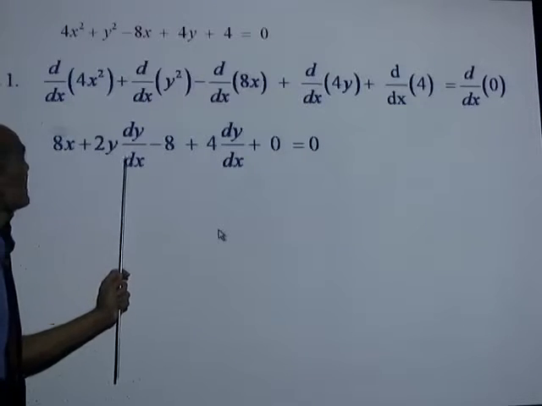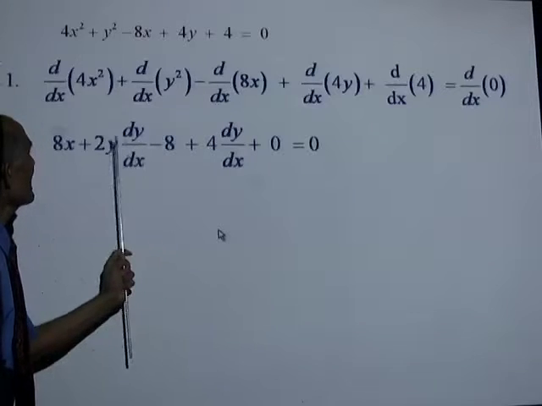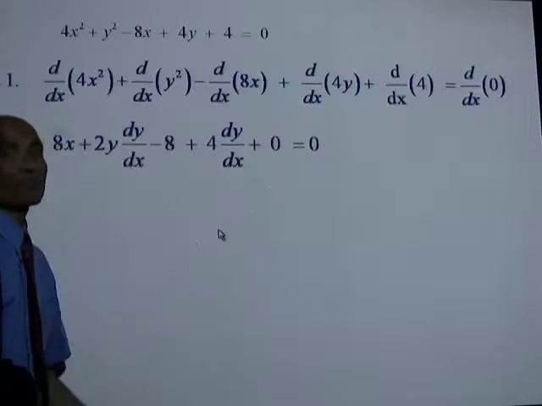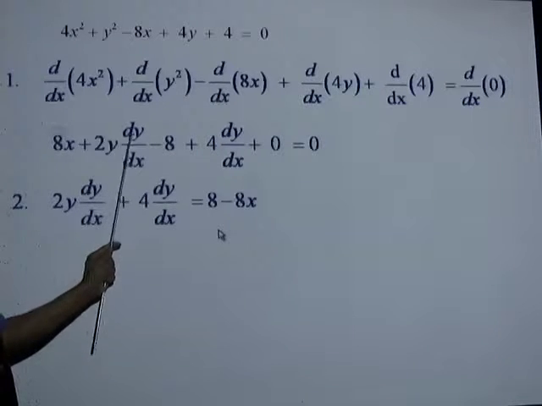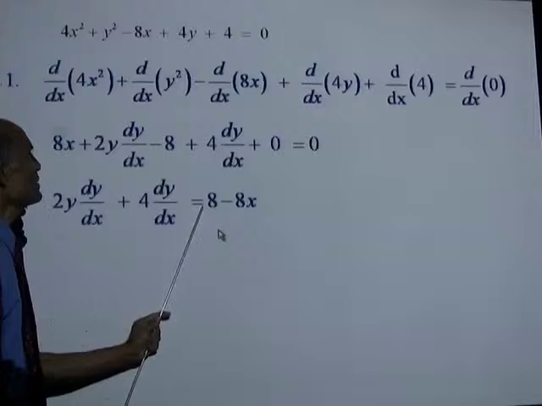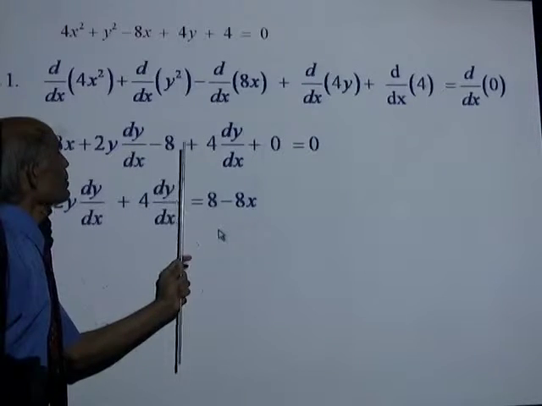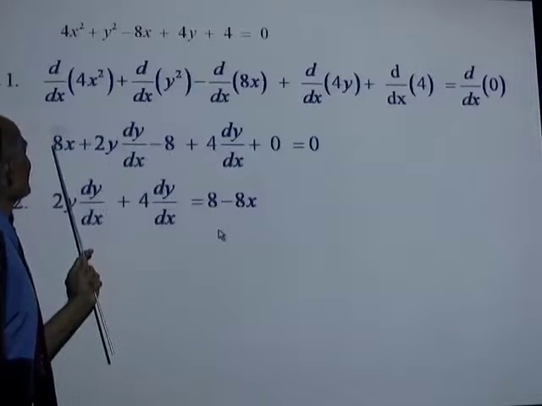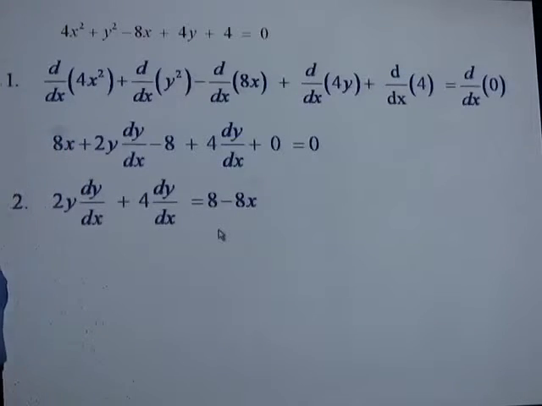And now we leave these two terms containing dy by dx on the left and move everything else to the right. So we have 2y dy by dx plus 4 dy by dx equal to negative 8 will go to become positive 8. Positive 8x goes to the right, become negative 8x.